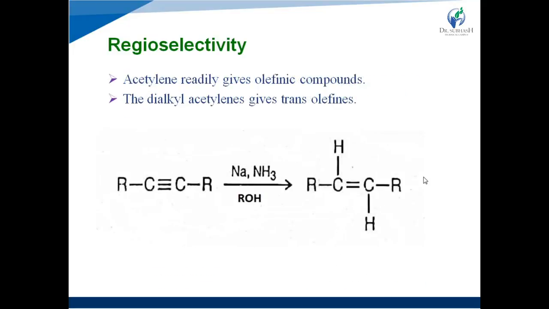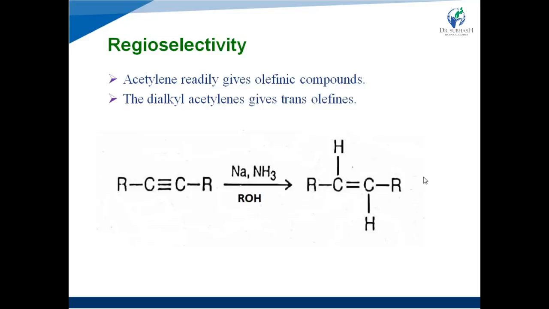Now the next one: acetylene readily gives olefinic compounds, right? Acetylene, that means carbon triple bonded to carbon, CH triple bond CH, readily gives an olefinic compound, that is CH2 double bond CH2, right? But substituted acetylenes, or different alkynes, give trans olefinic compounds.